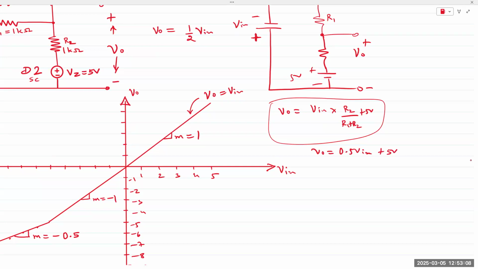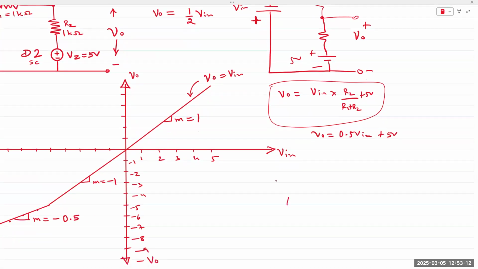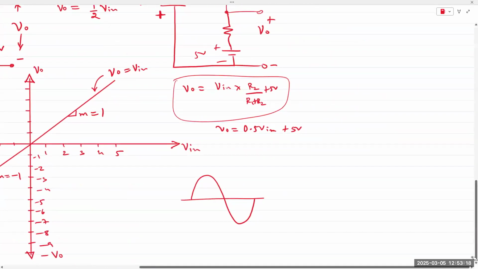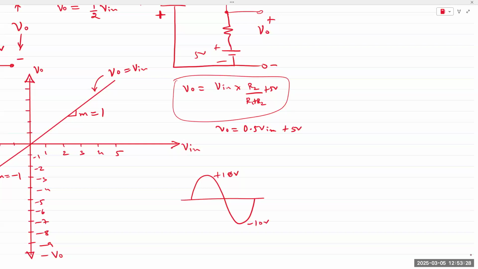So if you apply a sine wave, let me work on this here. Let's say plus 10 volts and minus 10 volts. My output should be, if this is V in, then V out should be half of that.